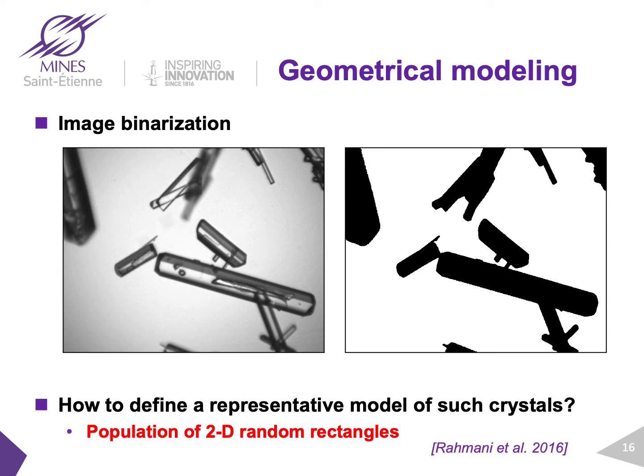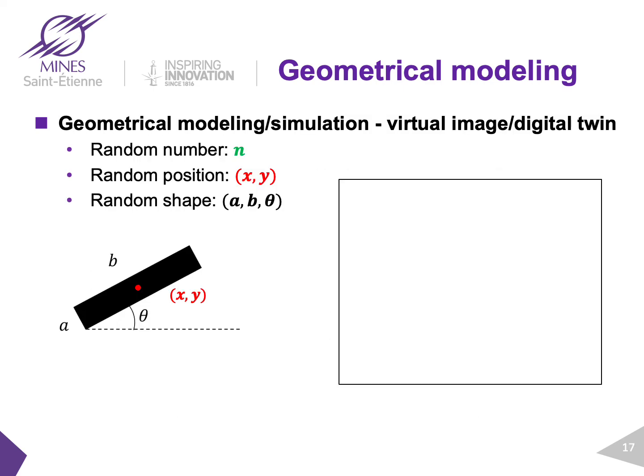And for that, in this case, with these crystals, we can consider that we have a population of 2D random rectangles. So it's an assumption that the shape is close to rectangles. So how can we define a geometrical model in order to simulate some virtual images of this population of rectangles? So we speak about a geometrical digital twin.